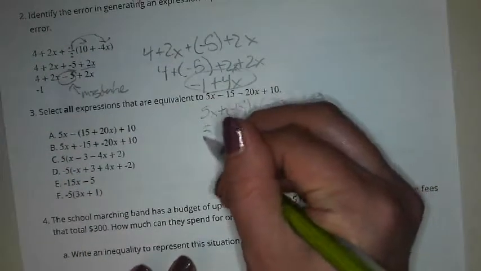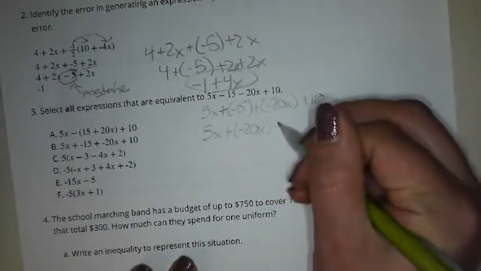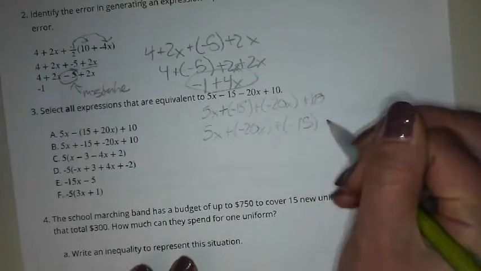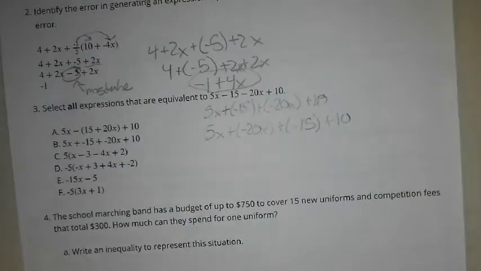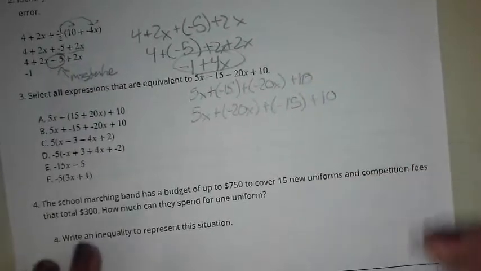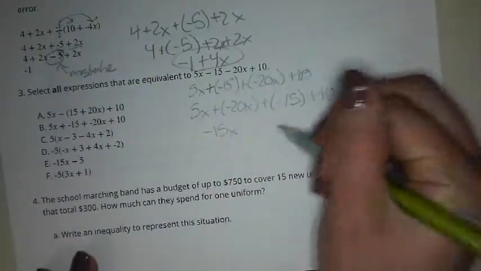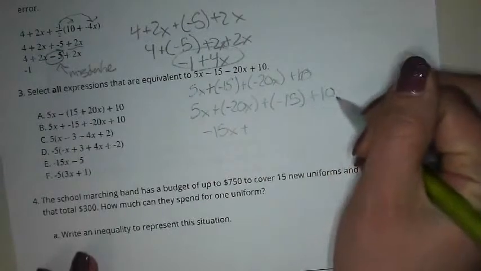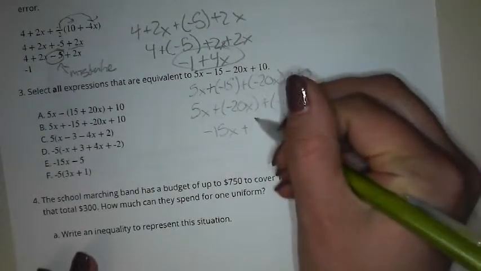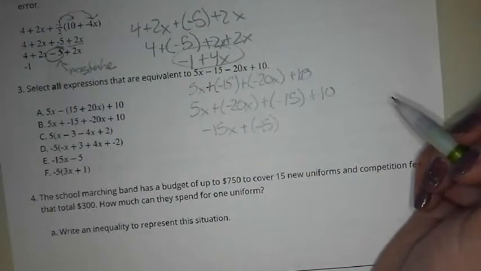So I'm going to put my x's together: 5x plus a negative 20x plus a negative 15 plus 10. Okay, so 5x plus a negative 20x is negative 15x, and plus a negative 15 plus 10 would give me a negative 5. So negative 15x plus a negative 5.